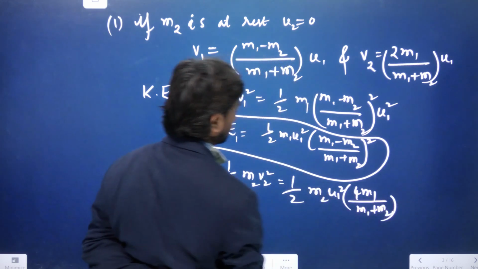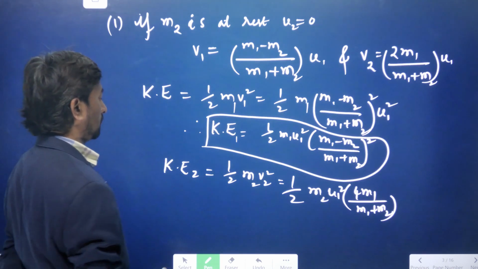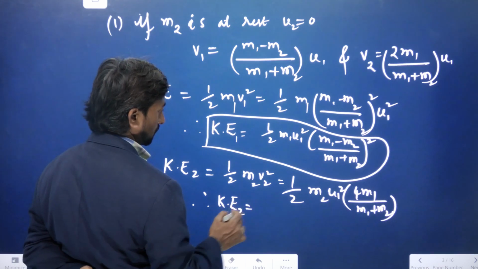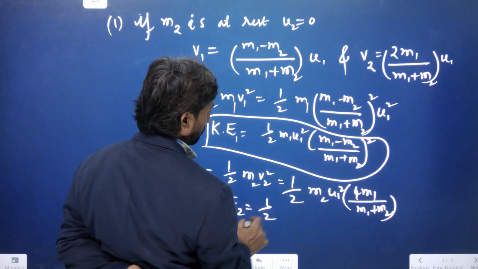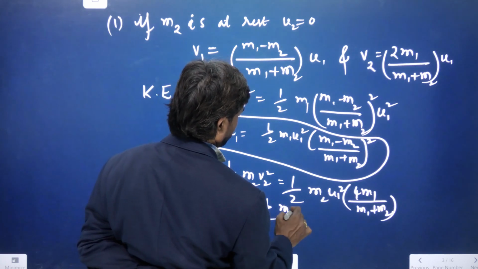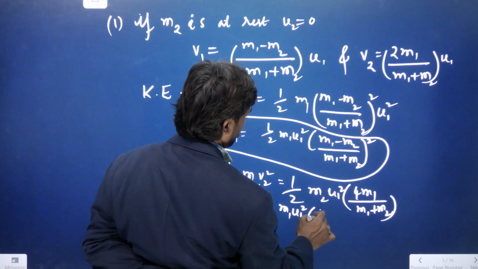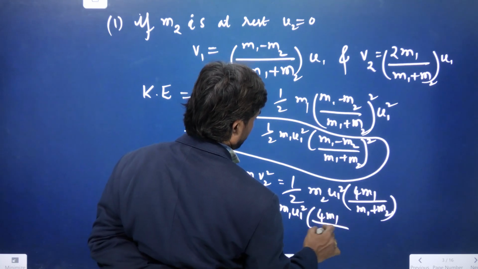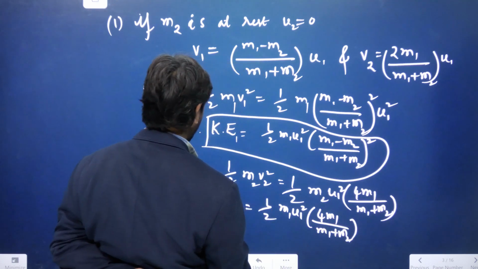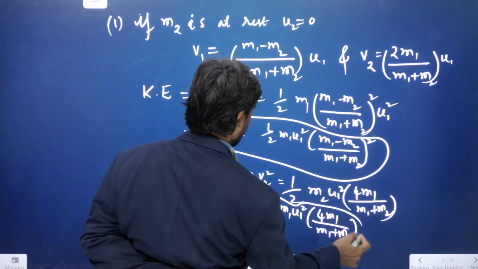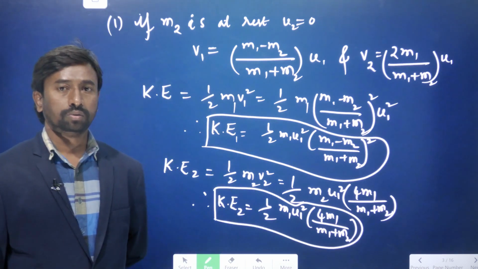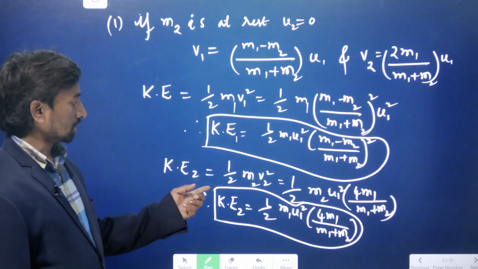Therefore the kinetic energy of the second body, K2, is half into m1 u1 square into 4 m1 by m1 plus m2. This is the kinetic energy of the second particle. Now the change in kinetic energy.